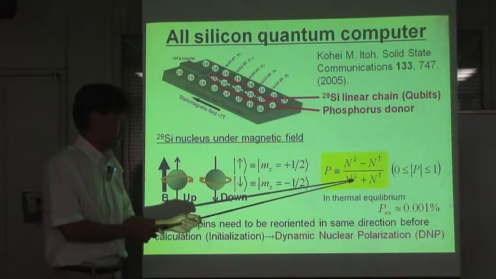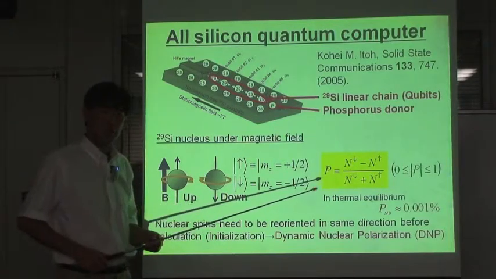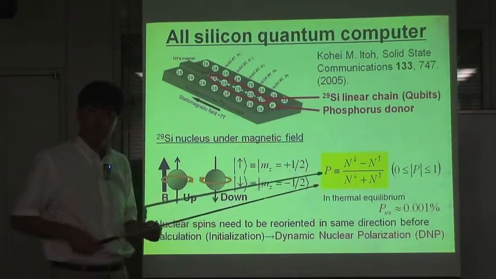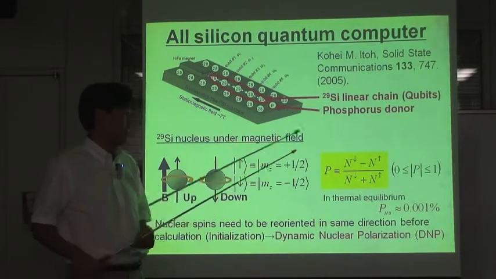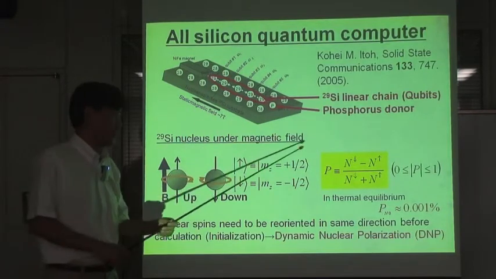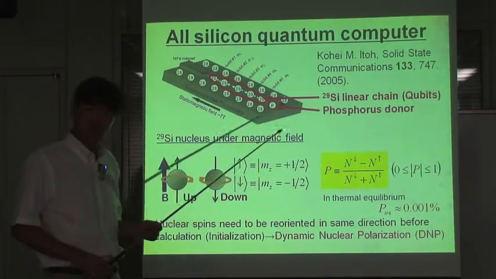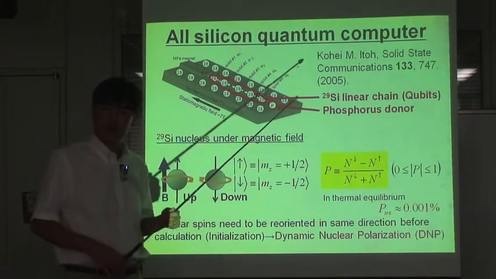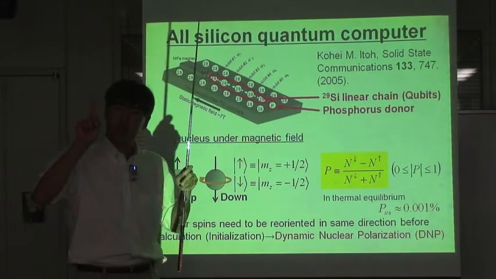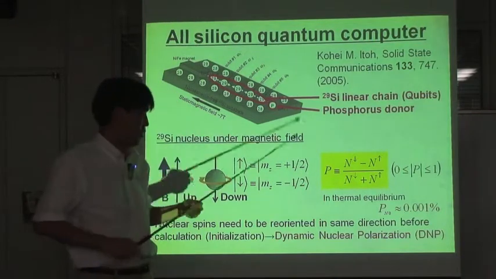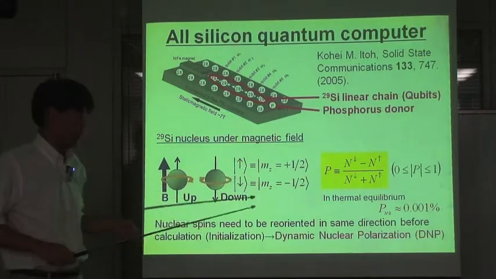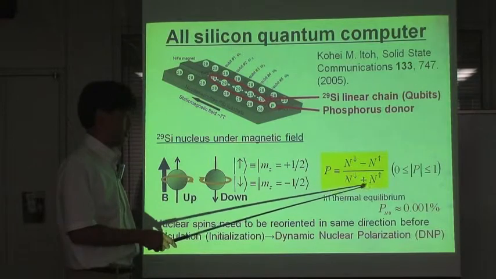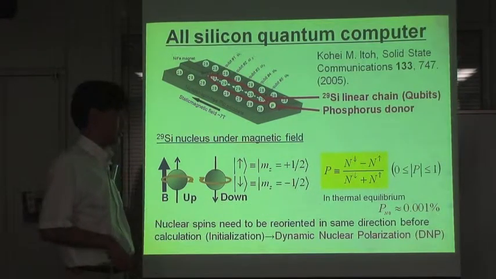Here the denominator is the total number of spins in the system, up plus down, and the numerator is the difference between up spin and down spin. So when there is an equal number of up and down, the polarization is 0. But if you have only up spin, then the nuclear polarization is 100%.